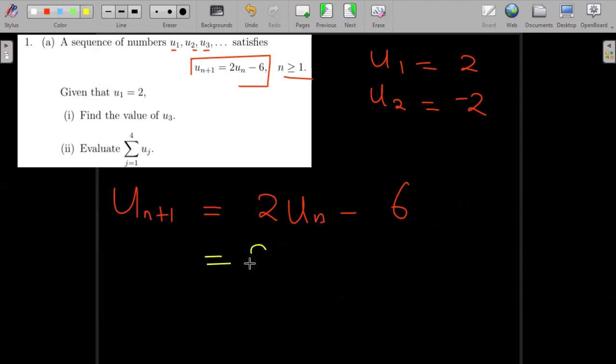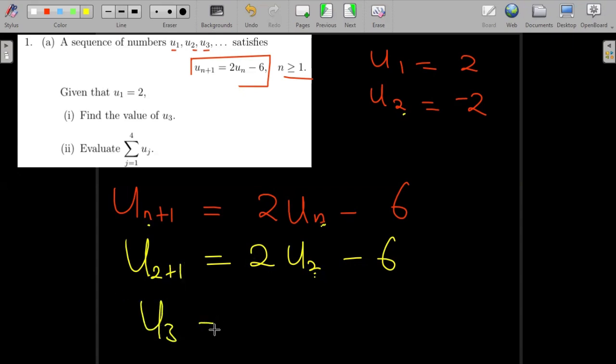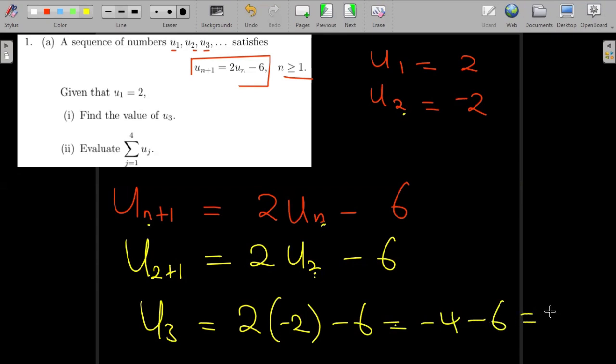I'm going to say 2U, where n is 2, minus 6, and the left side will be U(2+1). So U3 is equal to 2 times U2, which is minus 2, and then minus 6. So this will be minus 4 and then minus 6, which is minus 10. So U3 is actually minus 10, and we found what we wanted.